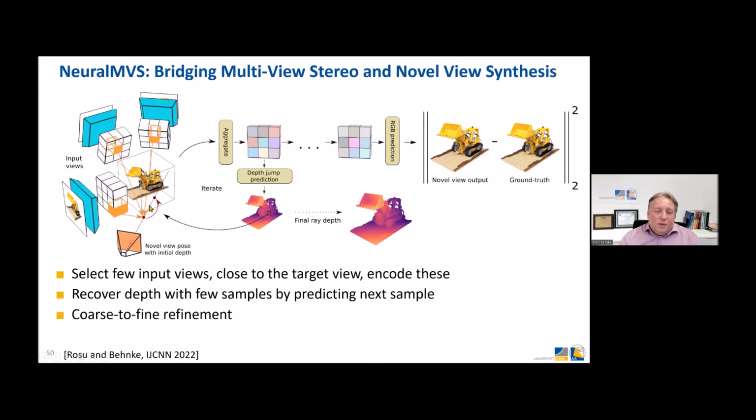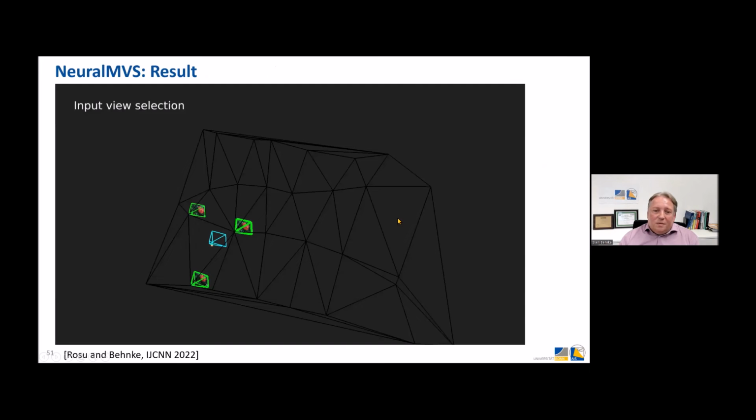This will be done multiple times to recover depths in more and more detail, and then render an image that we compare to the ground truth captured image. This produces not just this novel view color image, but also a depth map.